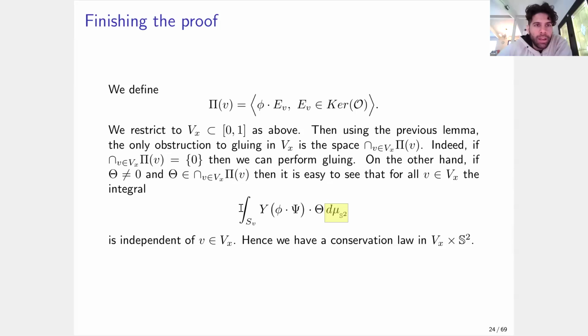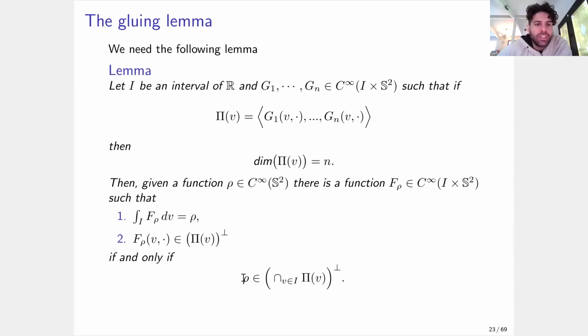All right. So what did we say? We said gluing is possible only for those data at the initial and final sphere for which their difference is in this space. If the difference is not in this space, then gluing is not possible. And if the difference is in that space, then you can do gluing.